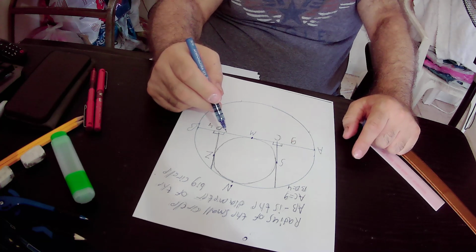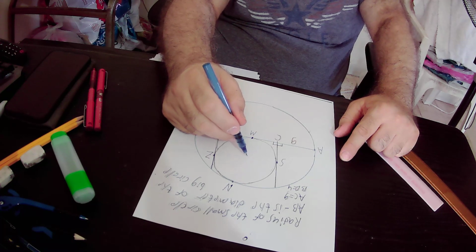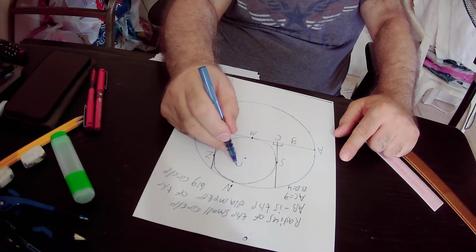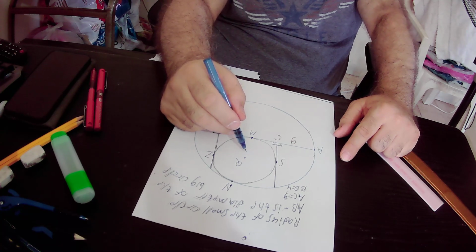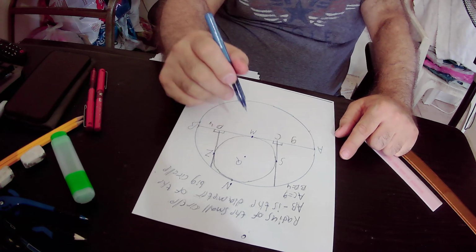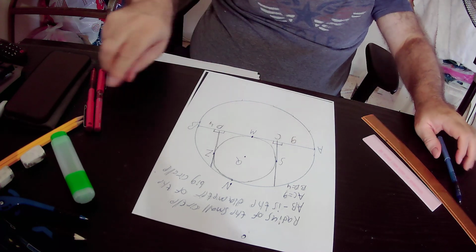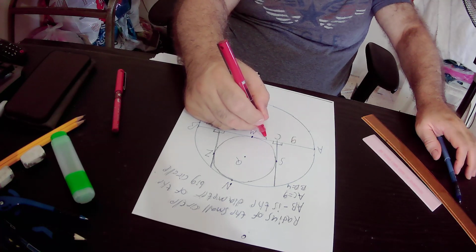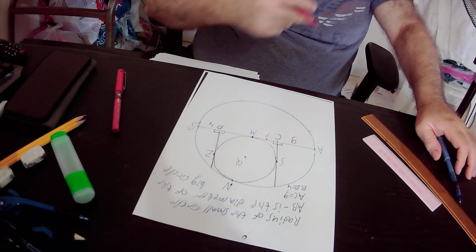Okay, let's define the center of the small circle as point Q. Point Q is the center of the small circle, and we will define the center of the big circle as point P. Again, point P is the center of the big circle.